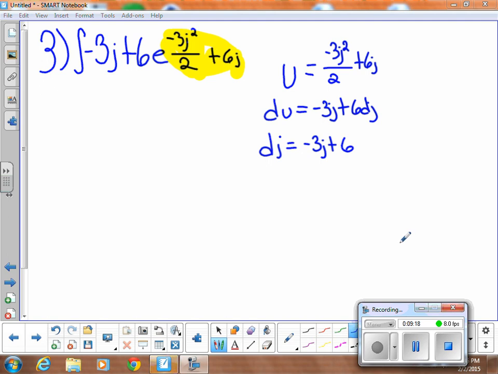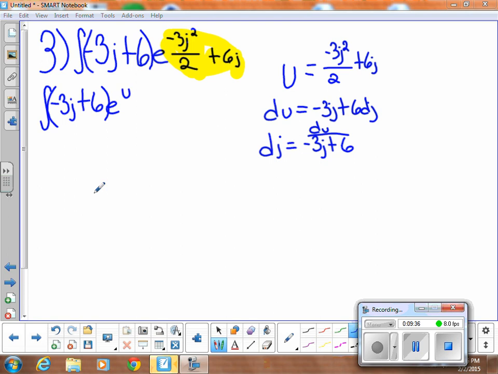So dj is du over negative 3j plus 6. So now I'm going to rewrite the problem with my u substitution in there. So we have negative 3j plus 6. That stays the same.